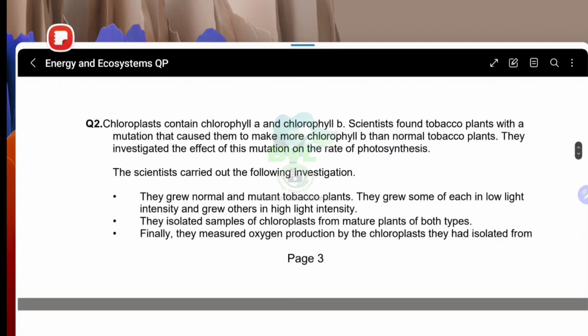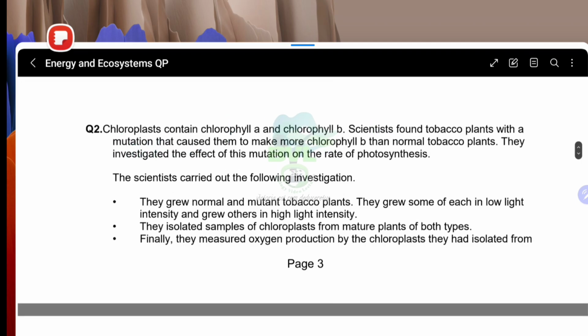Now, chloroplasts contain chlorophyll A and B. Scientists found tobacco plants with a mutation that caused them to make more chlorophyll B than normal tobacco plants. So that means these mutant plants will be making more chlorophyll B than the normal ones. They investigated the effect of this mutation on the rate of photosynthesis.